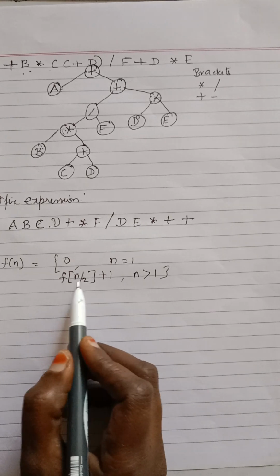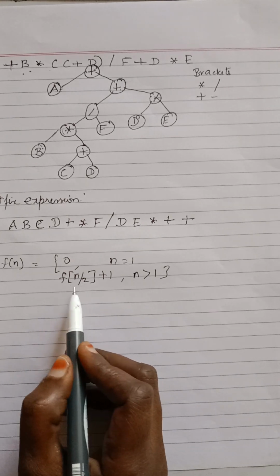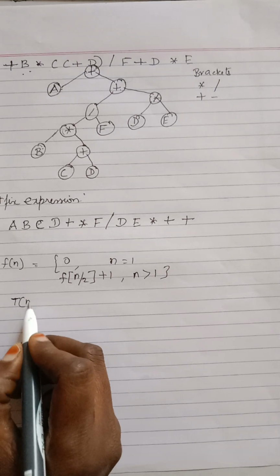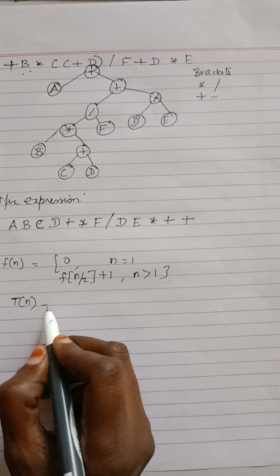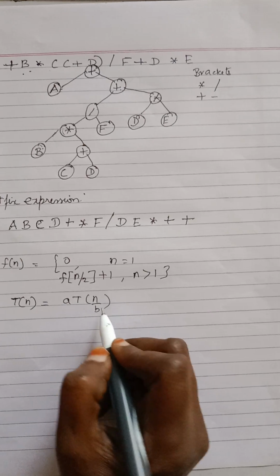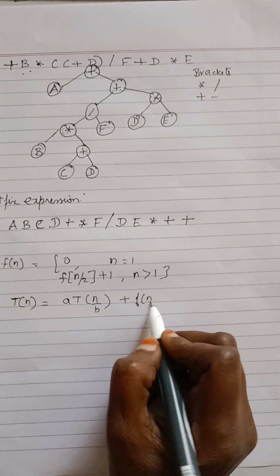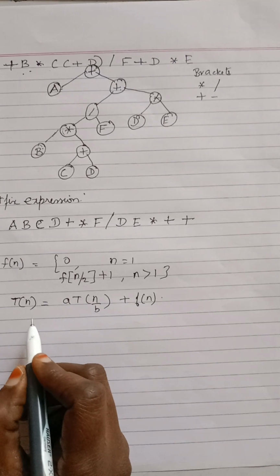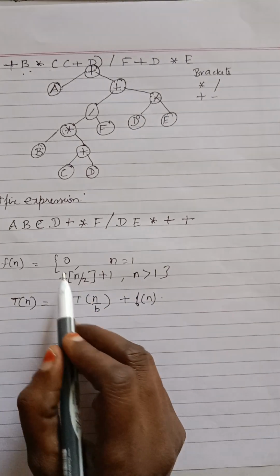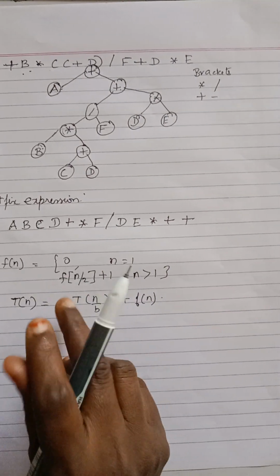So we have to find out the recurrence. Here we need to know the general form of the recurrence, that is t of n is equal to a t of n by b plus f of n. Here we need to know this formula. Then we have to apply this formula to the given function.